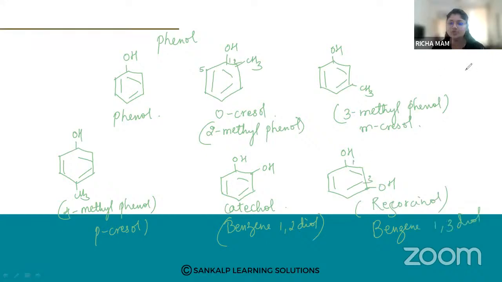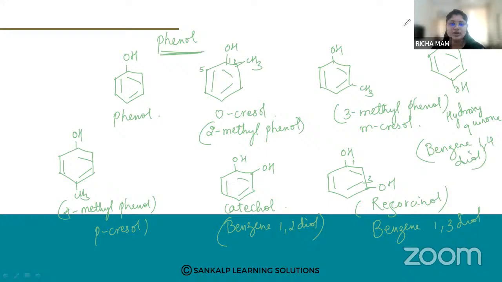Then the last compound, when you have OH and another OH at the 4 position, it is hydroquinone, or benzene 1,4-diol. So this is the naming of phenols. The parent member of the family is phenol, and the substituted compounds are derivatives of phenol. Like this, you name the phenols.